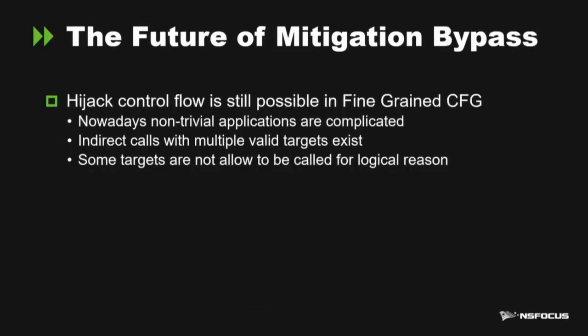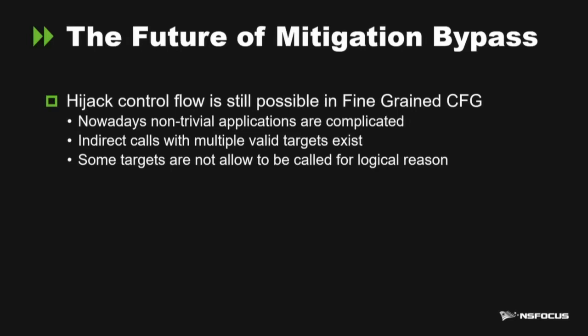However, even with fine-grained CFG, control flow can still be hijacked, I think. Because nowadays, non-trivial applications are very complicated, so there will always be indirect calls that have multiple valid targets.